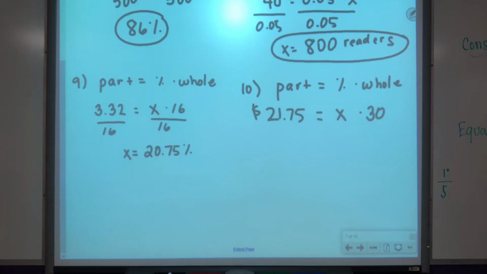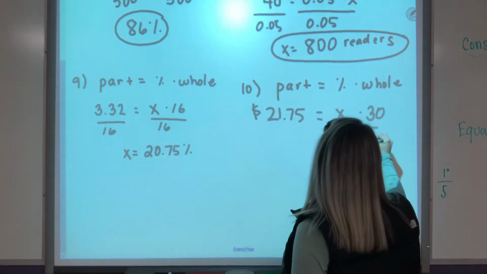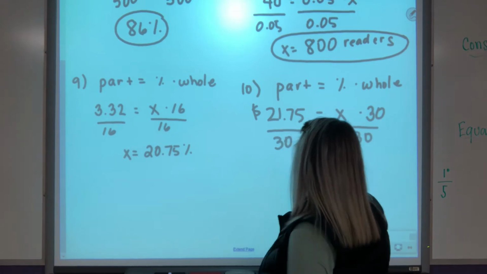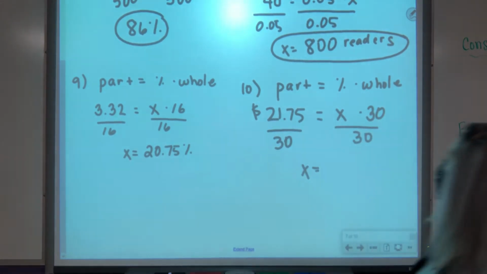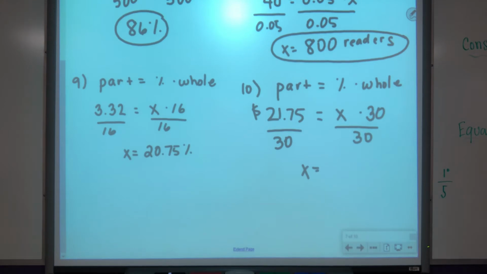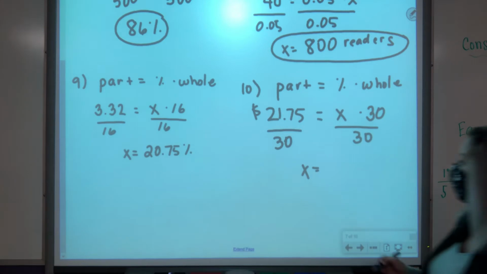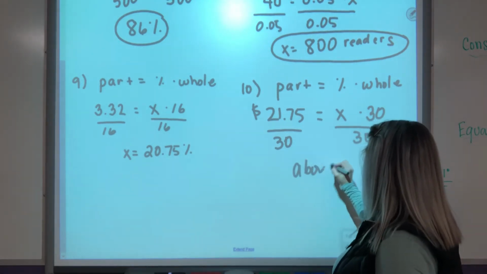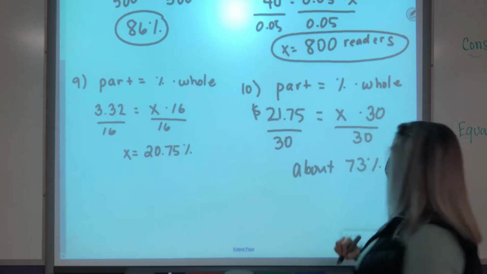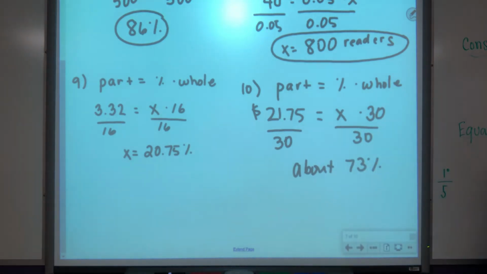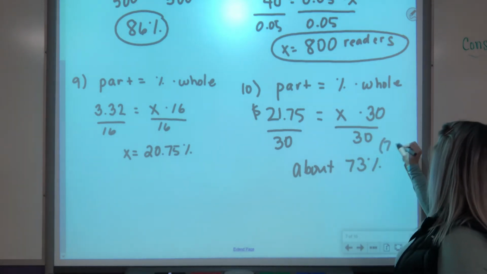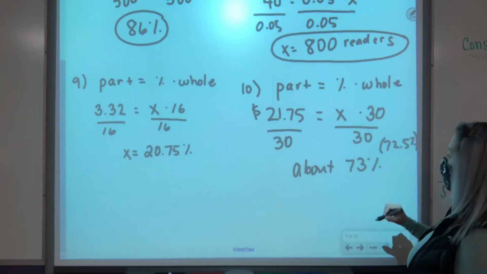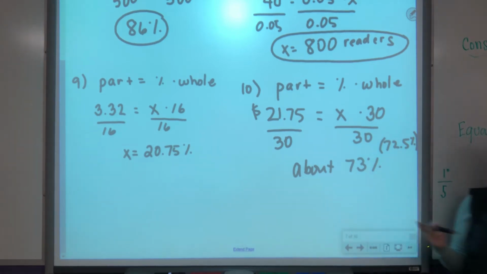Okay, so how am I solving this? I'm dividing by 30. Okay? It's 72.5%, but we can round that to 73%.